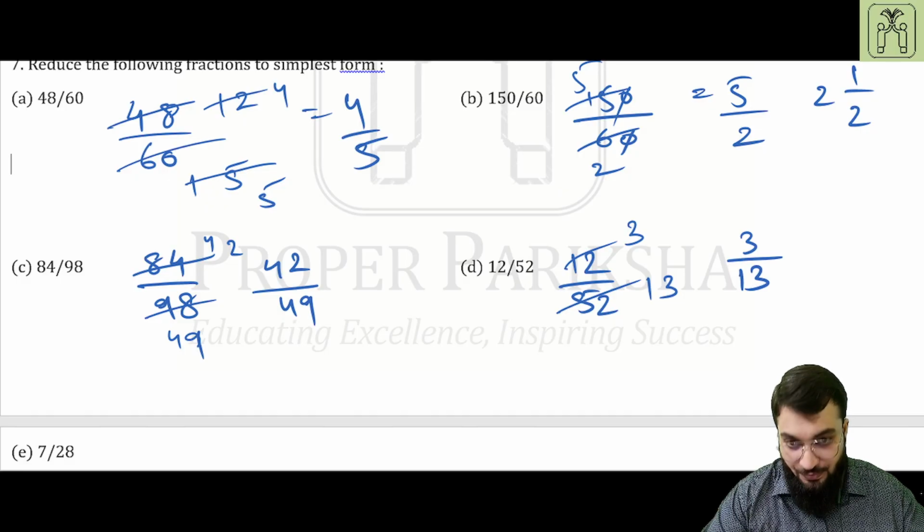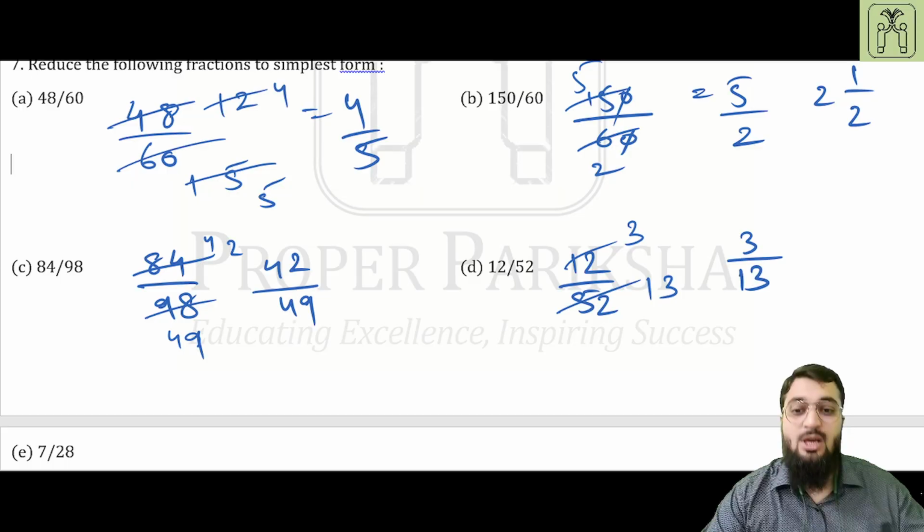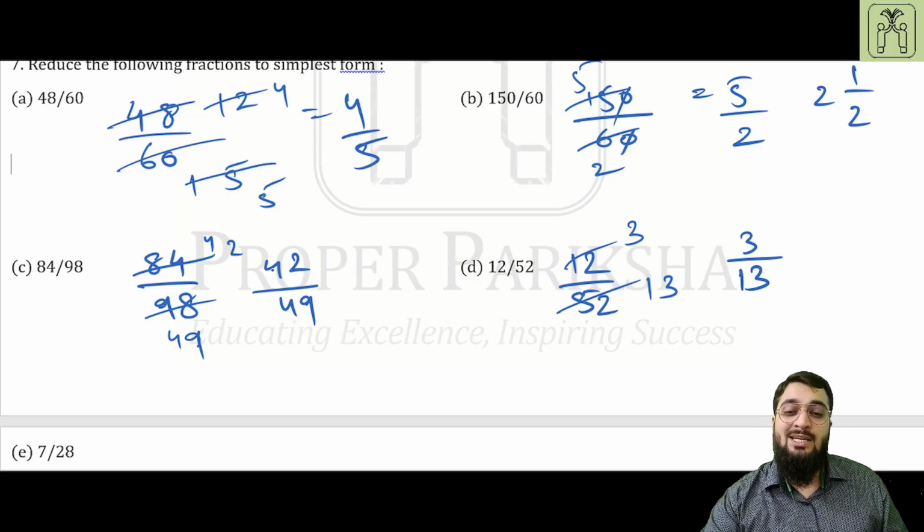Okay, it is good. Then it can further be reduced by 7, because 7 and 2 are 9. Oh yes, 7 sixes are 42, 7 sevens are 49, and this will be further reduced by 7.